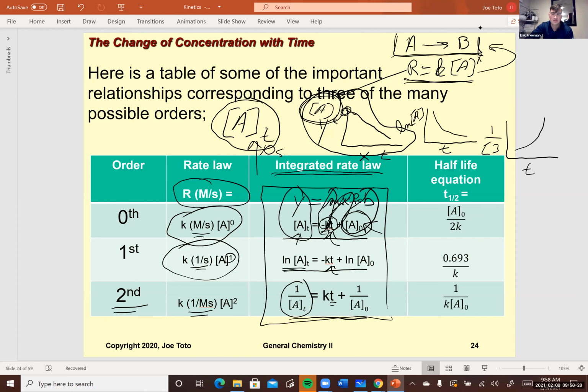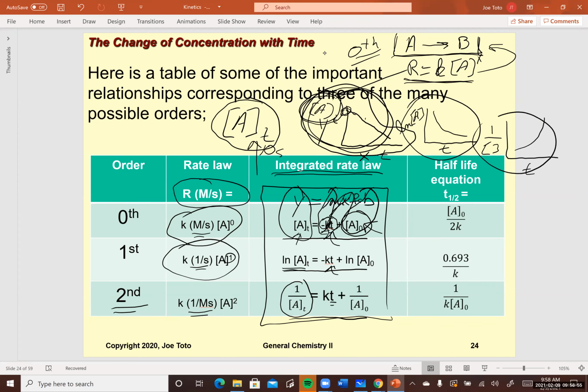So what you're saying is like once you get to first and second order, you're not going to get linear graphs. No, that's not what I'm saying. I'm saying that if this reaction is 0th order, this hypothetical reaction that I just made up, then this plot has to be linear and these guys have to be curved.